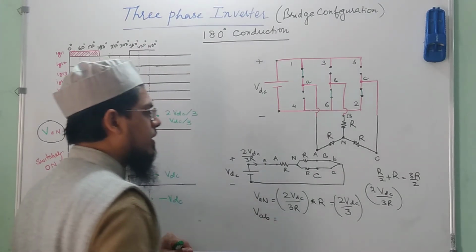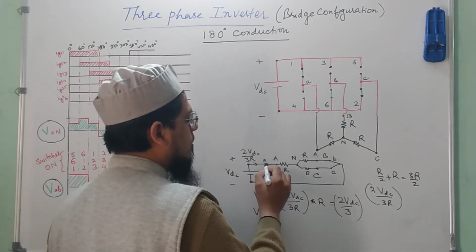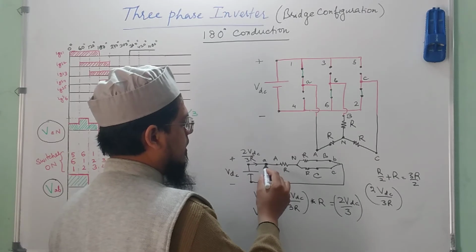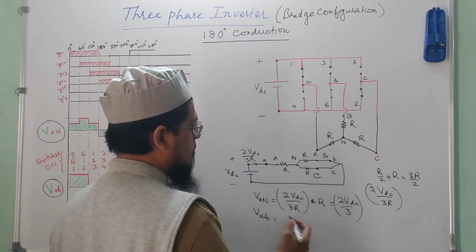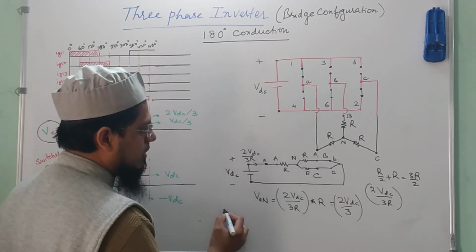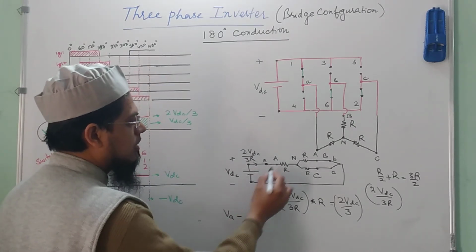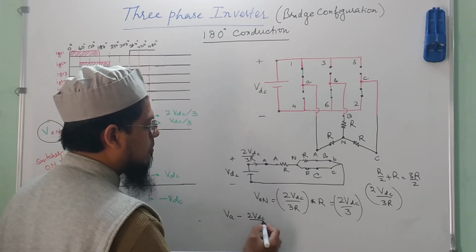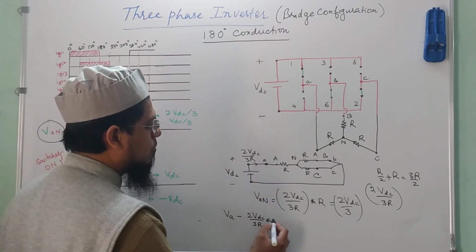Now let us see what would be VAB. For VAB I have to travel from this point to this point, okay, and again a similar situation is there. So let us start from this point VA minus, and the drop here, which is 2 VDC upon 3R, is the current into resistance.